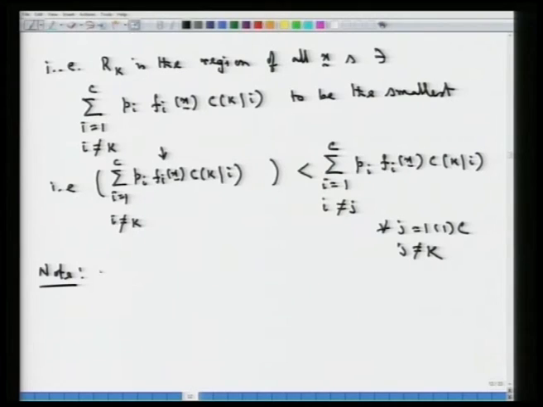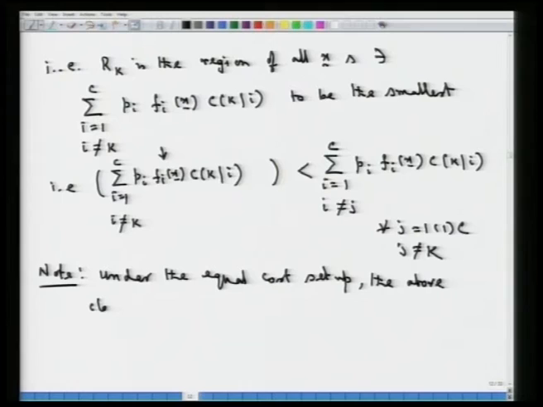Now, we will note that this particular rule here under the equal cost setup, the above classification partition reduces to what?